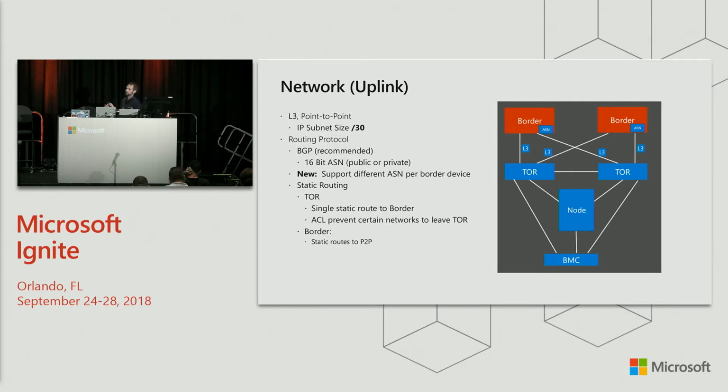BGP allows you to dynamically adjust to route changes. Now, as you can imagine, at deployment time, you provide us that external IP address space. That can be large, but that can be small as well, as small as like a /24, which means 256 addresses.